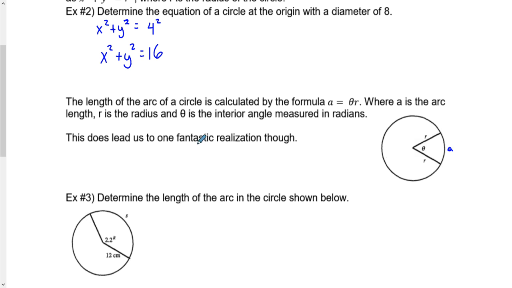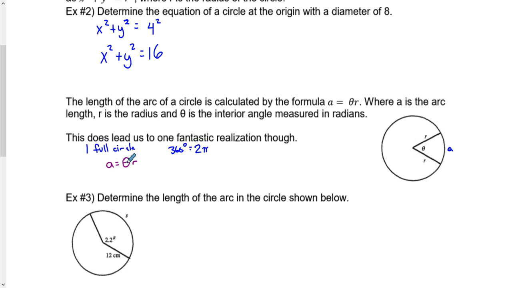What does lead us to one fantastic realization is the idea of one full circle. Within one full circle, we have 360 degrees, or if we dealt with it as radians, it's 2 pi radians. So if we're going to use the formula A equals theta r, I probably didn't say that when I read the formula the first time.